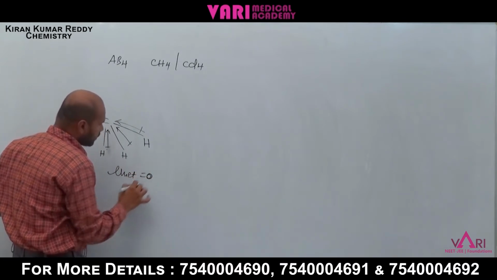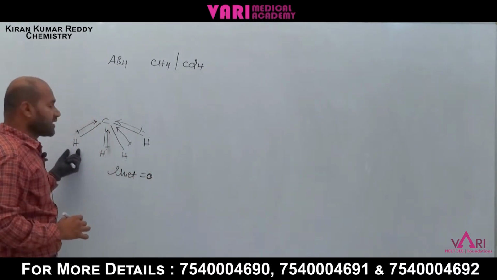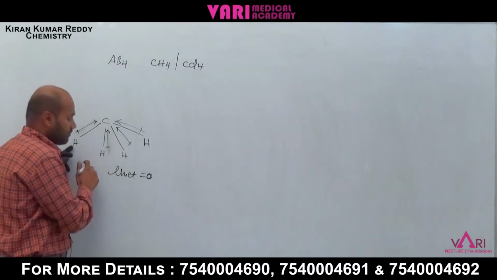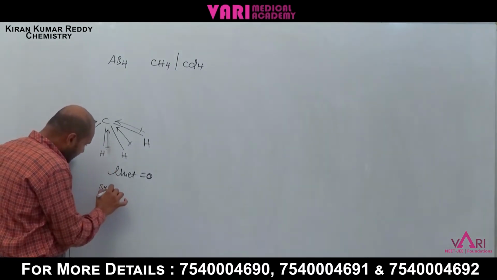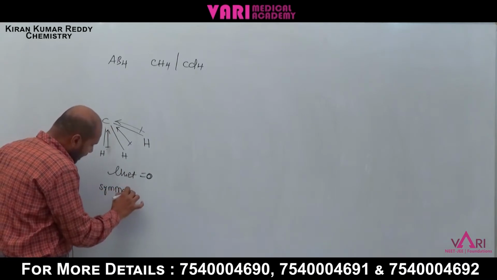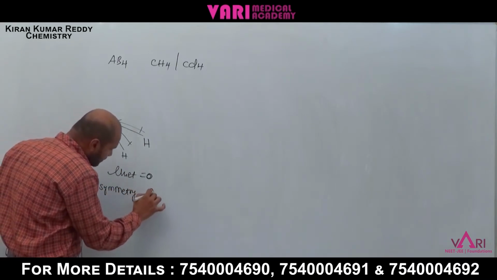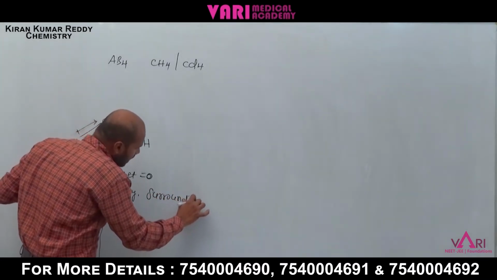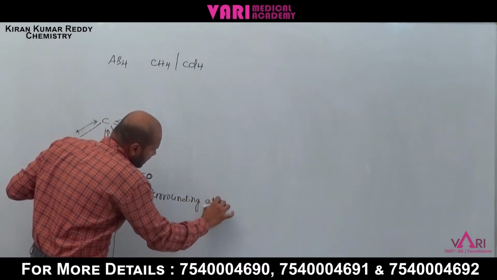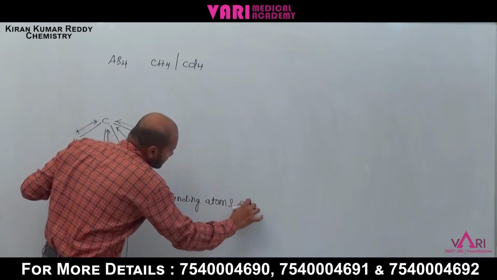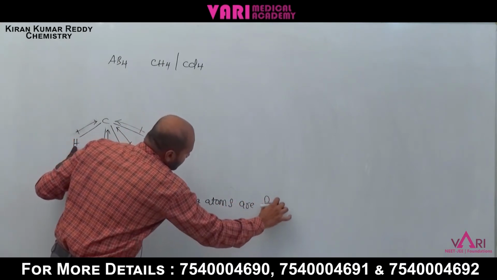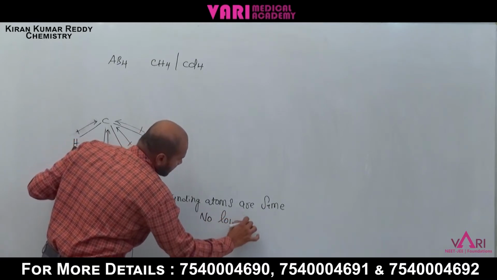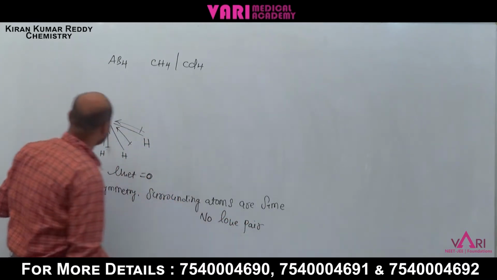Why mu net is equal to 0? Symmetry is present, tetrahedral, and surrounding atoms are same, and no lone pair is present. That's why, these are the reason.